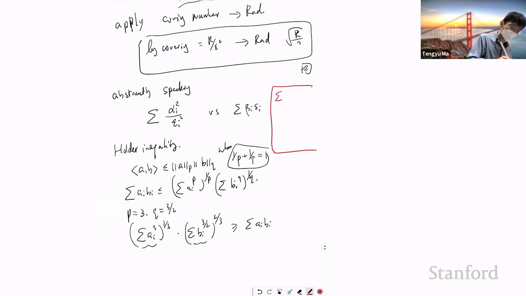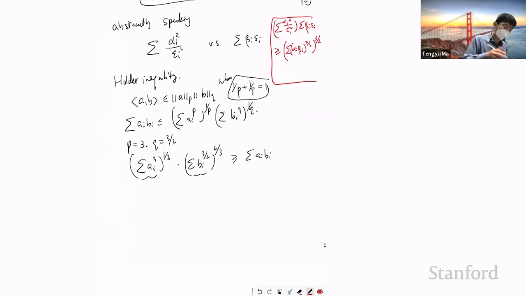Eventually I want to say that this product with the sum of beta I epsilon I is larger than the sum of alpha I beta I to the 2/3, to the 3/2. If you're able to do this, then you kind of cancel out.